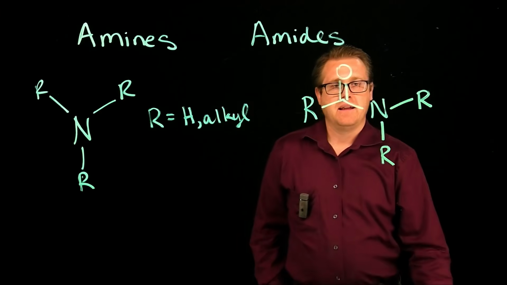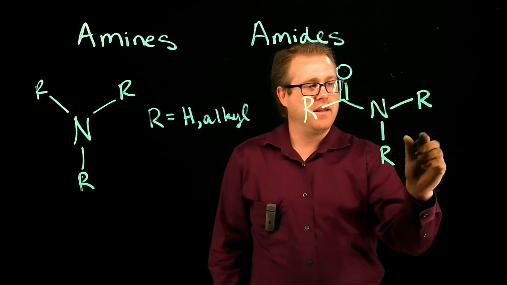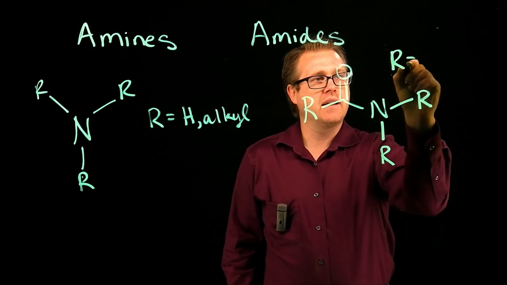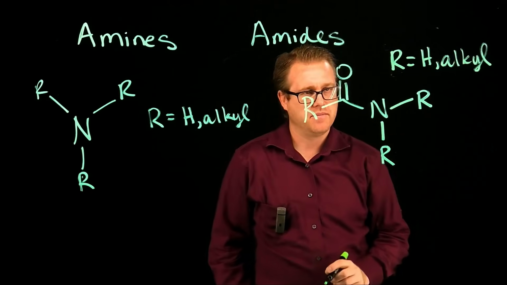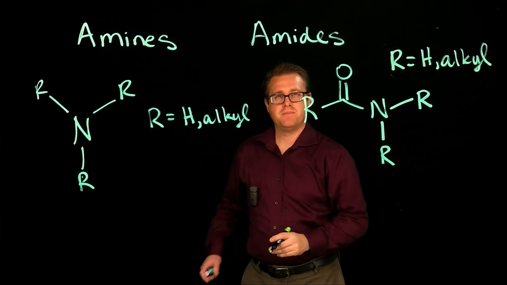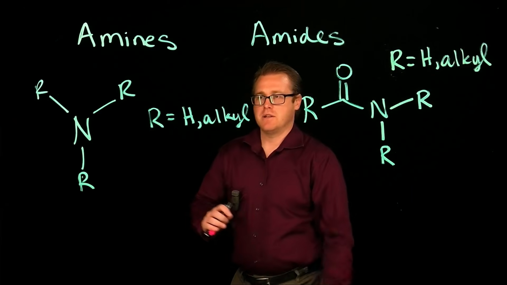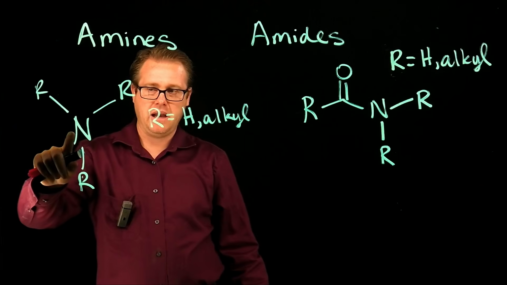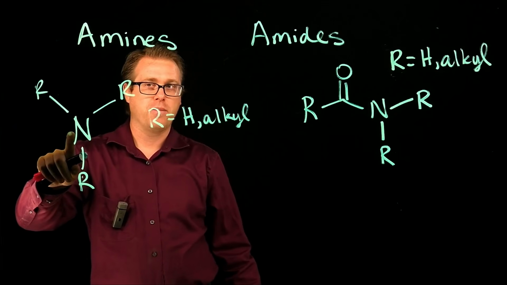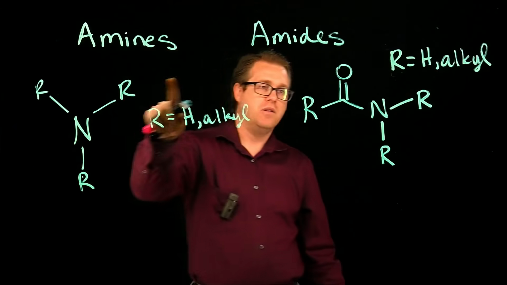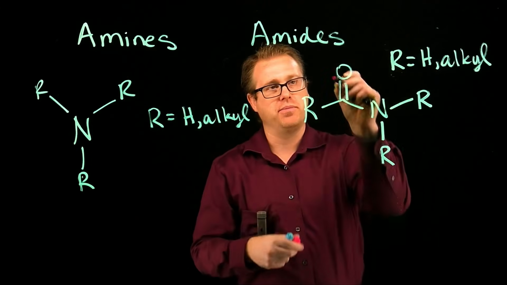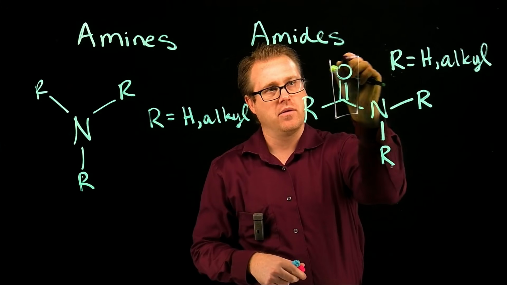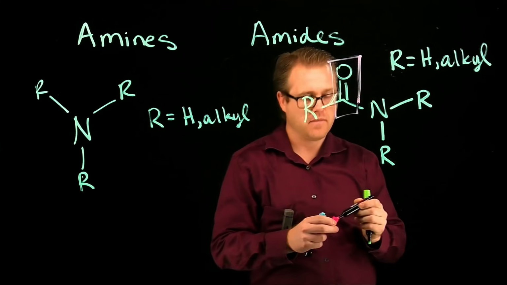And in this, the R groups can be hydrogens or alkyl. So do you see the difference? An amine has no carbonyl carbon, whereas an amide has the carbonyl group right there.